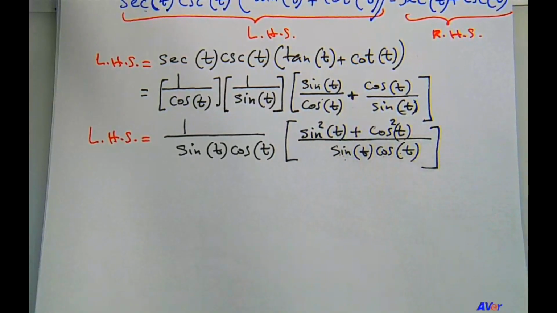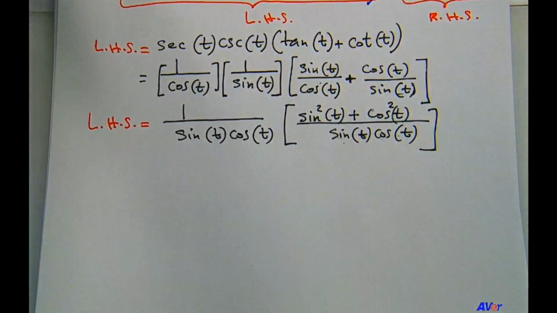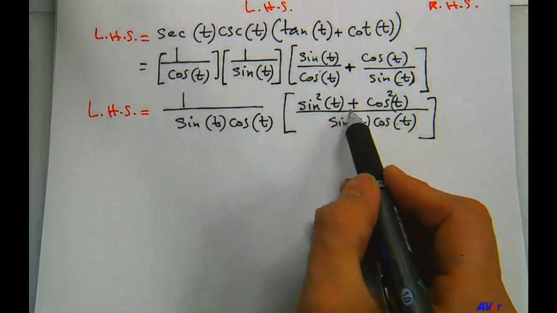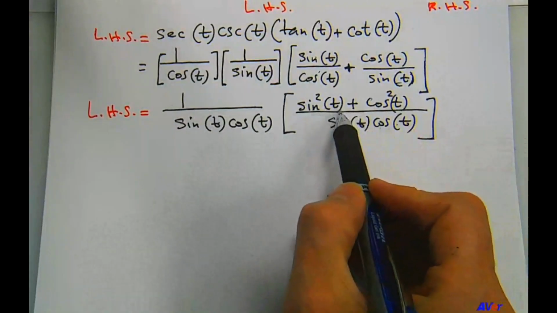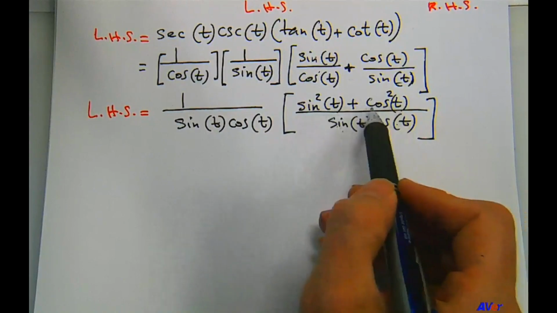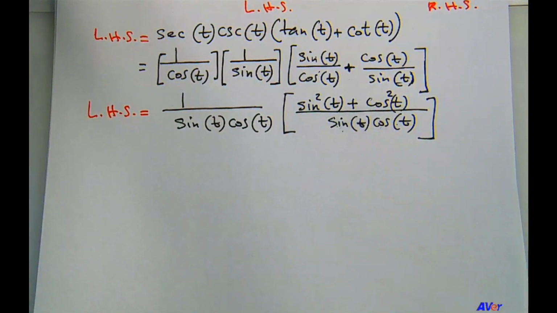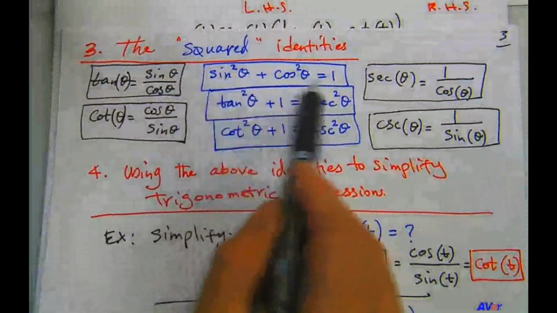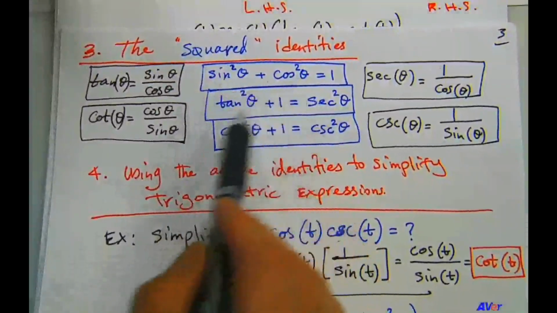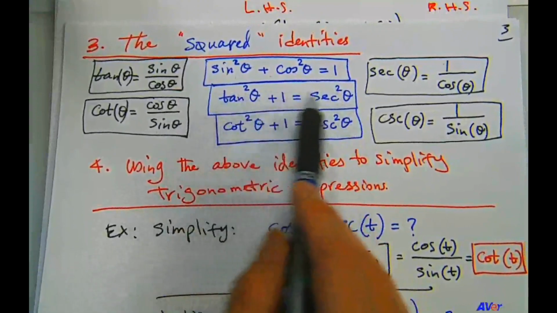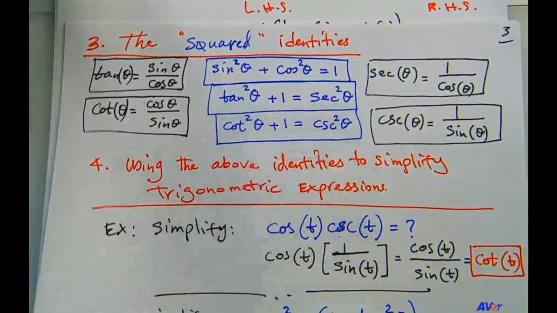Now the numerator, I'm sure you can see, sine squared t plus cosine squared t is equal to 1, when we compare that with the squared identity. This keeps coming up, very, very useful. But let's not forget about the other two squared identities as well.